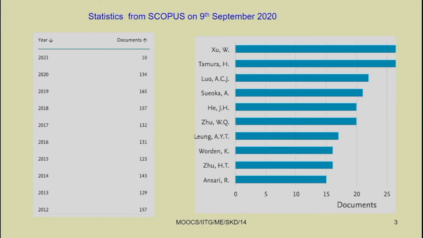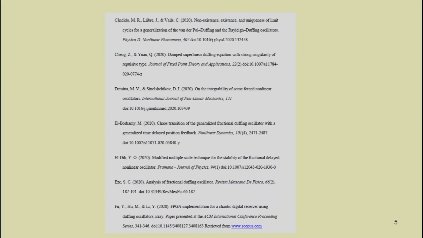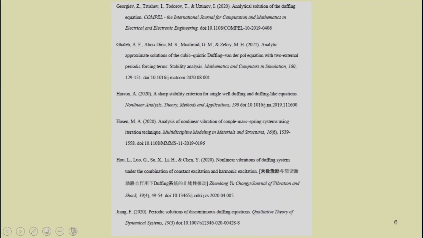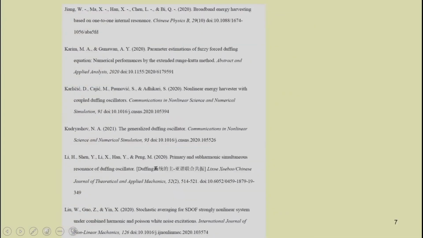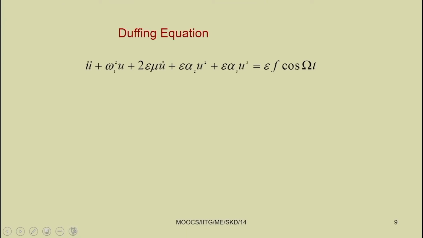That part we will see. Last class we also discussed the number of publications related to this Duffing equation in the last 10 years, and we have seen so many different ways. This analysis can be done for the Duffing equation and the last 2 years' publications.